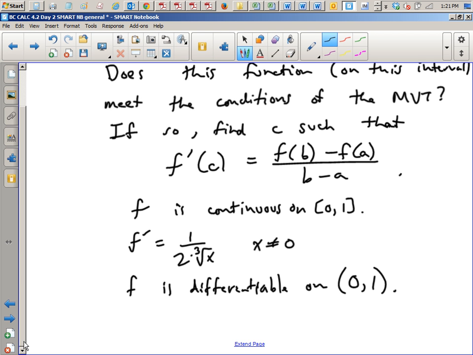Okay? So here's what I'm saying graphically. We're only looking at this part in green now. See? And although there was a cusp at the origin, that's at the endpoint, so we don't care. The theorem just states it has to be differentiable between the endpoints, and it is. So we can say that it does qualify for the MVT.